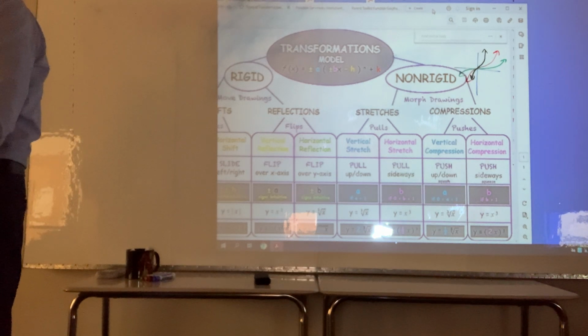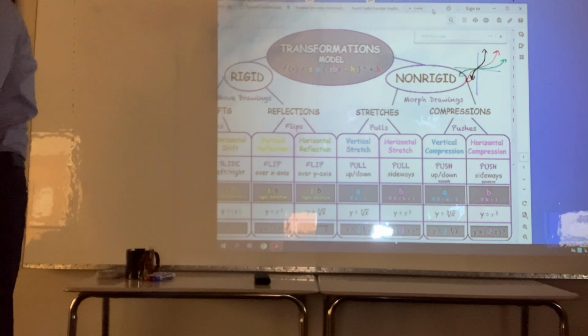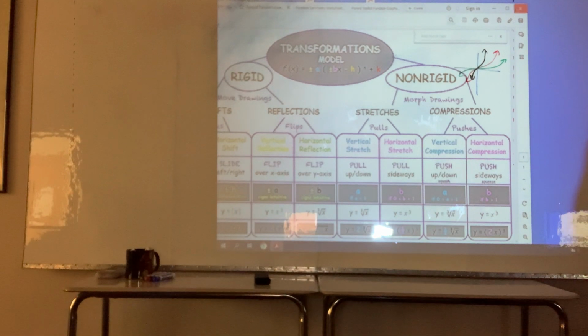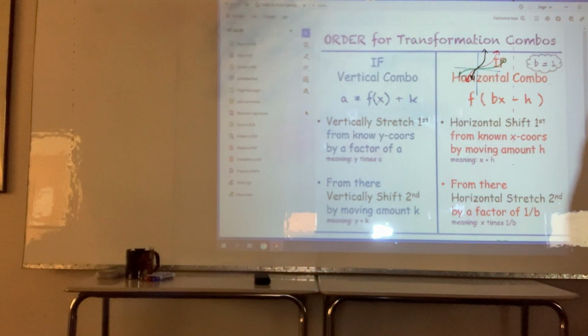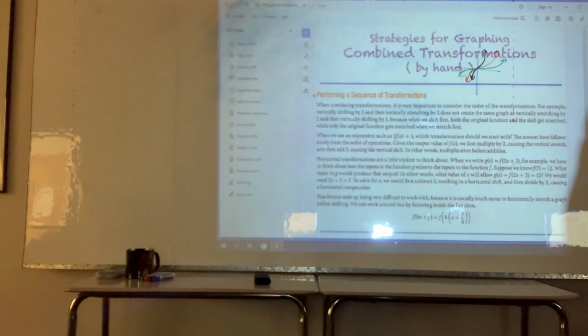Actually, let me show you what I made. Nix this for a moment. Those little tabs. And this is from your textbook, which is a nice resource, really.